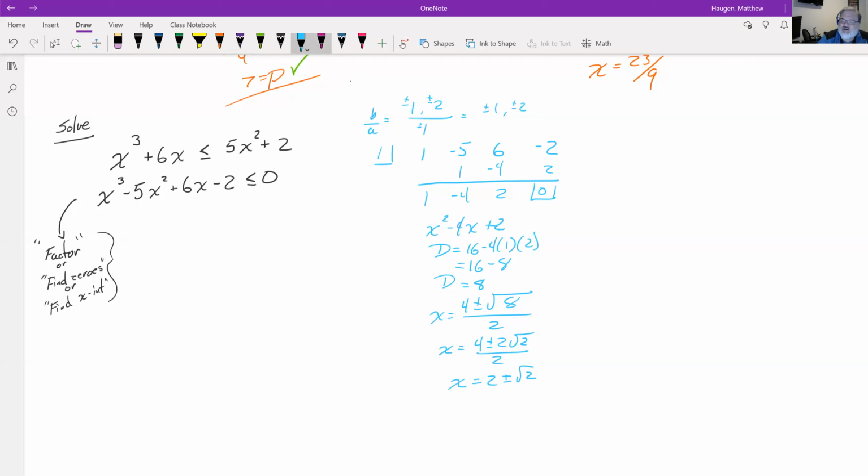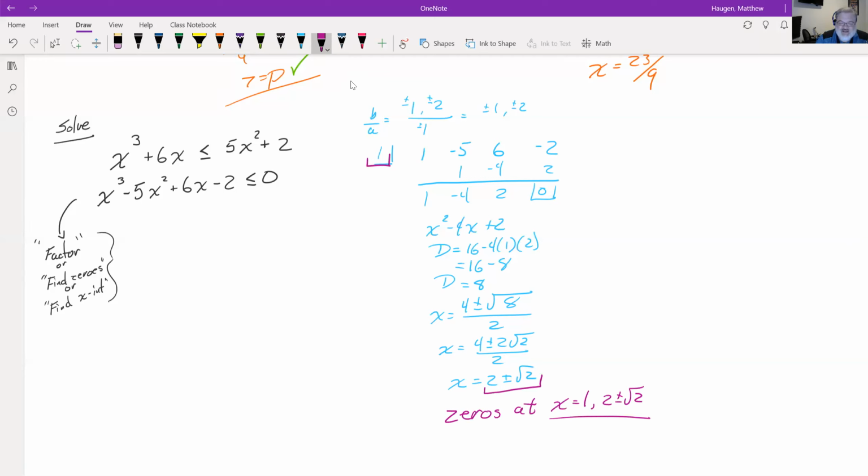So in trying to find our roots or zeros or x-intercepts, we found those 3. So zeros at x equals 1 and 2 plus or minus the square root of 2.